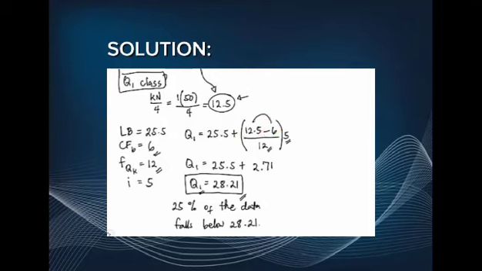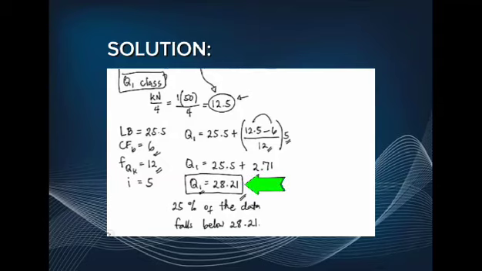Then 6.5 divided by 12, times 5, gives 2.71. Then 25.5 plus 2.71 is 28.21. This is now our first quartile.